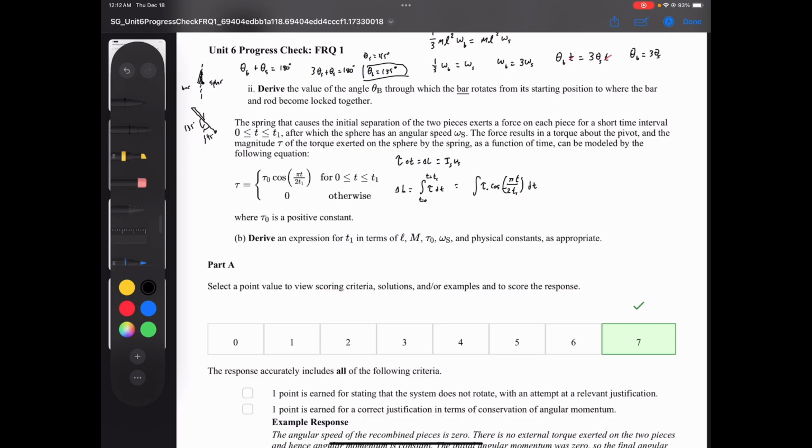Okay, and then we know that the integral of cosine is going to equal negative sine. Actually, hold on one second. Whoops, I almost made a huge mistake.